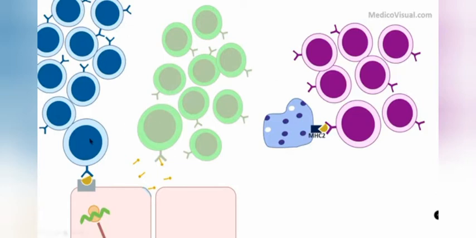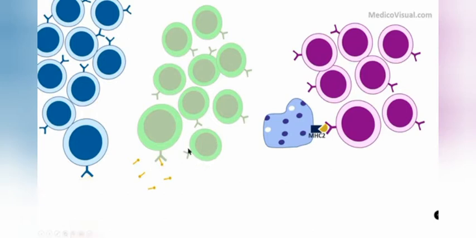Now also it will activate these cells, cytotoxic T cells and B cells. So what will happen? That cytotoxic T cell will release granzymes and perforins that will destroy these vaccine infected cells, right?